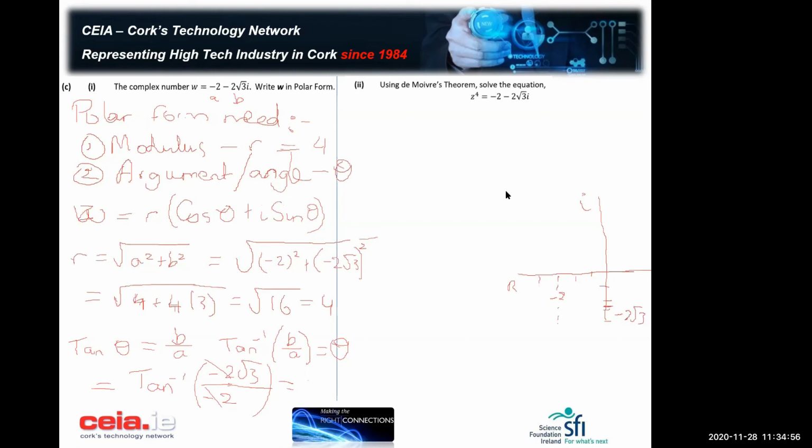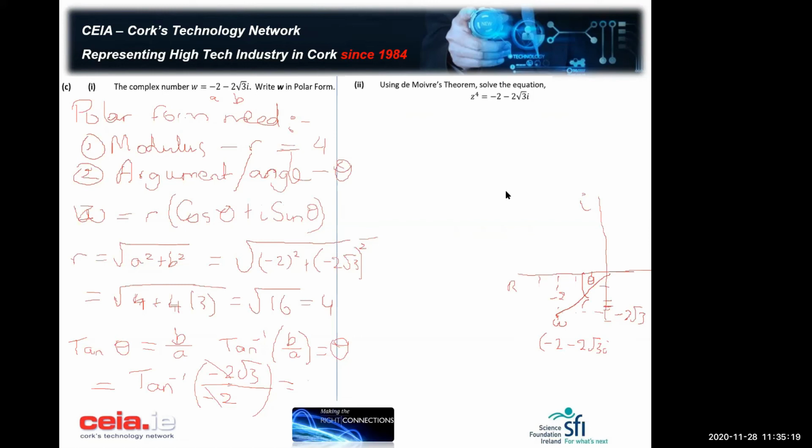So if you were to draw that point, this is w, the complex number minus 2 minus 2 root 3 i. And this is the angle theta, and this is r, the modulus.